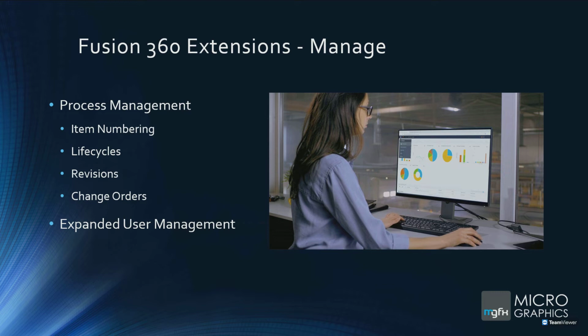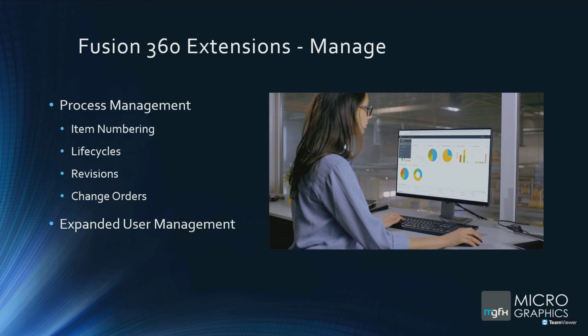Then we get to the Fusion 360 Manage extension. Now, the Manage extension builds into Fusion 360 item numbering, so you can create unique item numbers for components. Then it allows you to link life cycles to those items, so your components can go through life cycles and revisions, and all this is controlled by change orders.